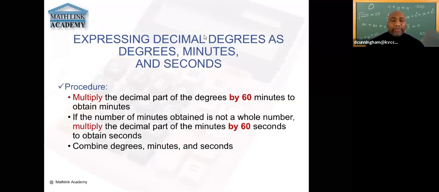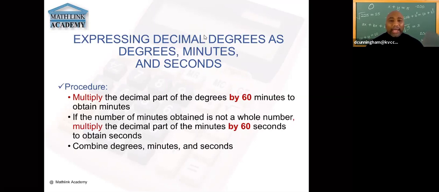Now we're going to go a different route. Let's express decimal degrees as degrees, minutes, and seconds. So we're going to go the opposite direction. I'm going to give you a decimal degree, and you're going to give me the answer in degrees, minutes, and seconds. How we do that is we multiply the decimal part by 60. Again, our key number is 60.